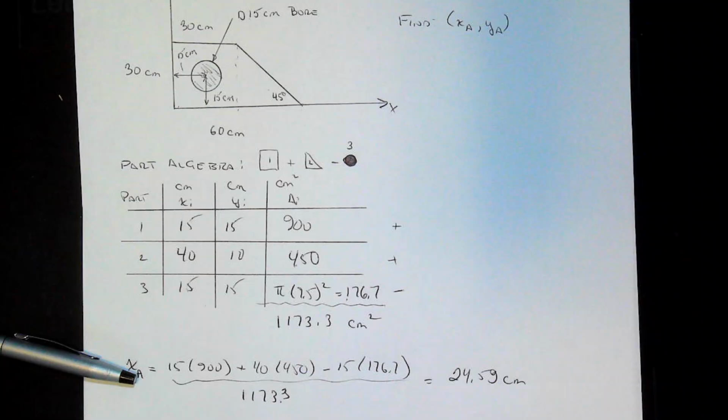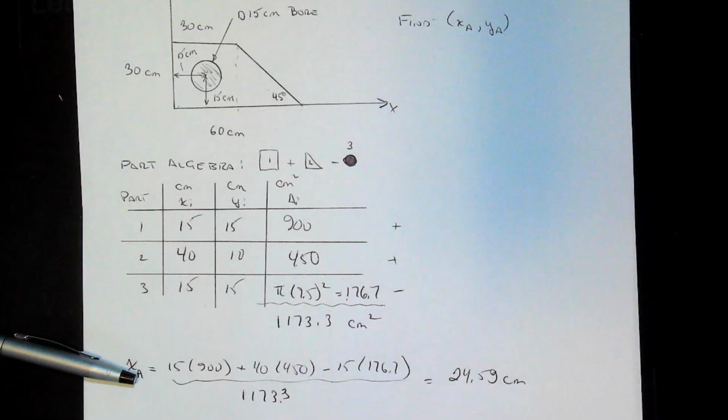And now we're ready. Okay, so notice here in doing the area, you have a hole. We took out area, subtracted it. Now we're going to do the center. We'll look at XA. We have no symmetry to play with, so we'll have a separate XA and YA. And we just go down for the parts. This times that, plus that times that, minus that times that, because it's a hole I'm taking away.